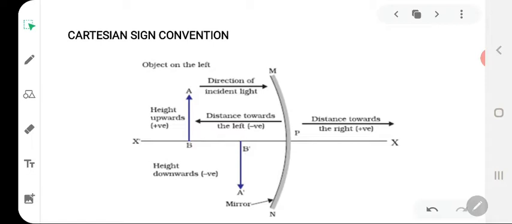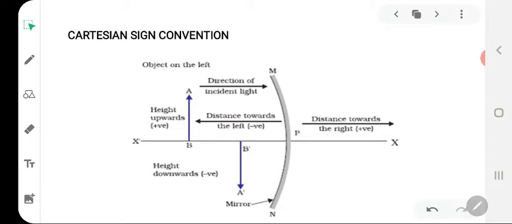Now right at the beginning I would like to tell you that all of you are quite aware of this sign convention. Why is it so? You have already studied how to plot values on graph.